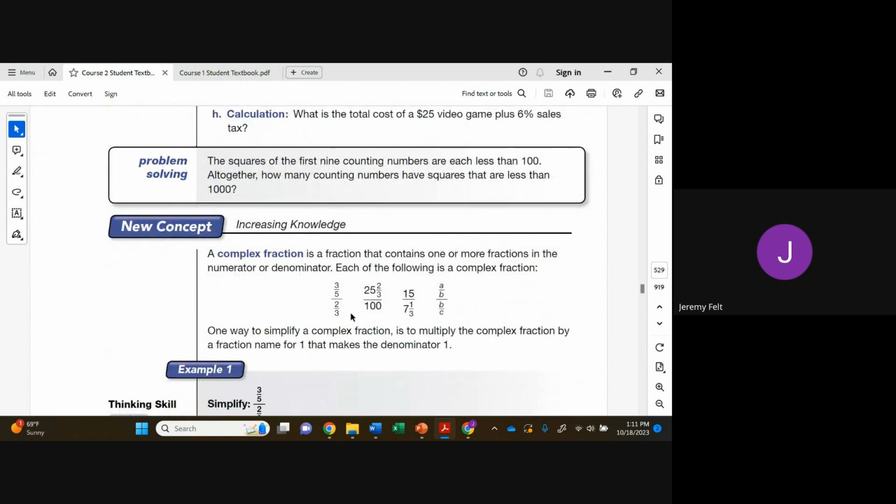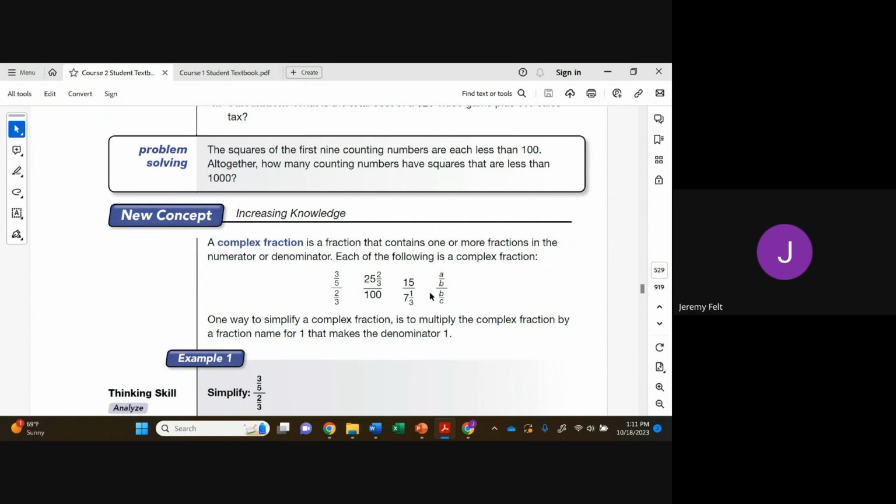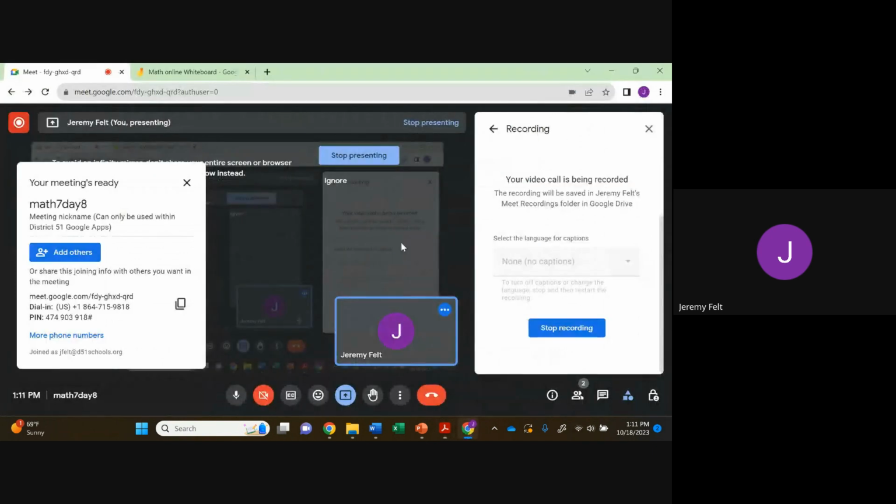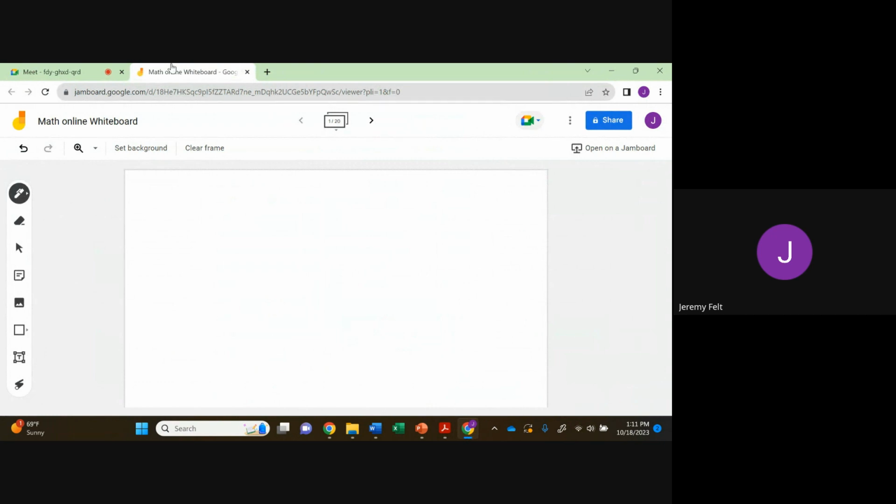So again, fraction over fraction, mixed number over a whole number over a mixed number, it doesn't matter. So if we look at 3/5 over 2/3, again, if we remember that this is just division, well, we're doing a fraction divided by a fraction.